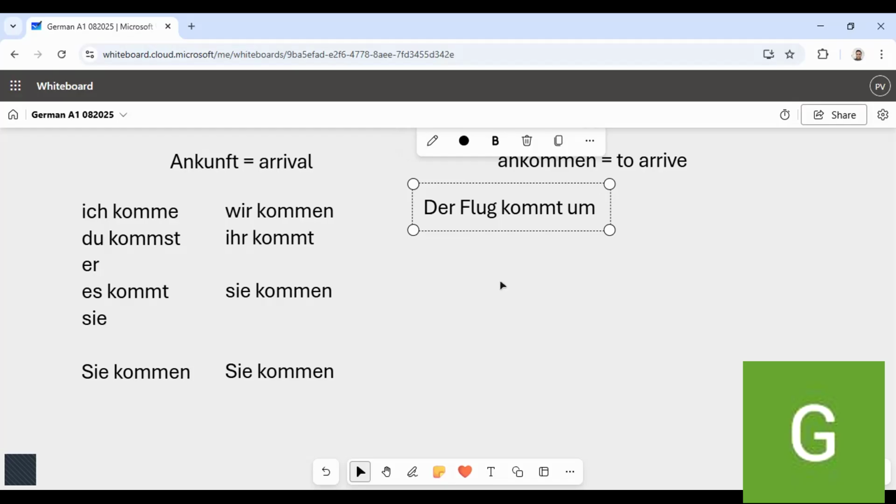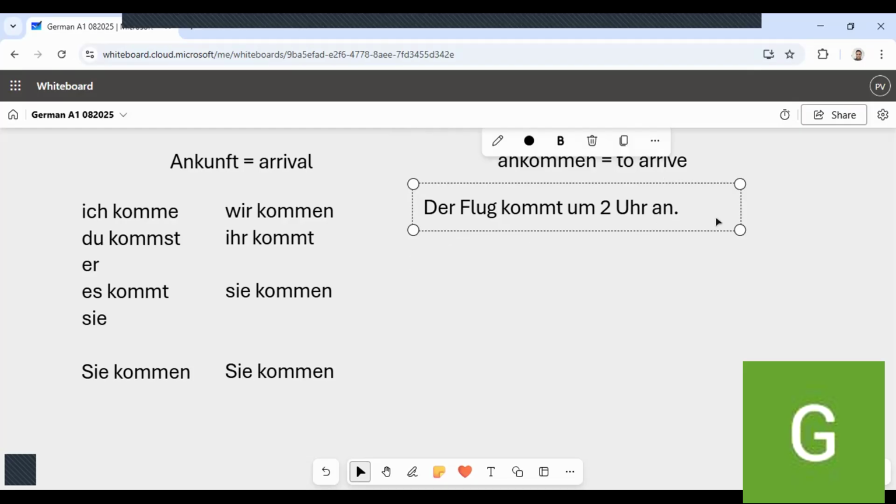Um Uhr. And the flight will come at 2 o'clock, or the flight will arrive at 2. Der Flug kommt um Uhr an.